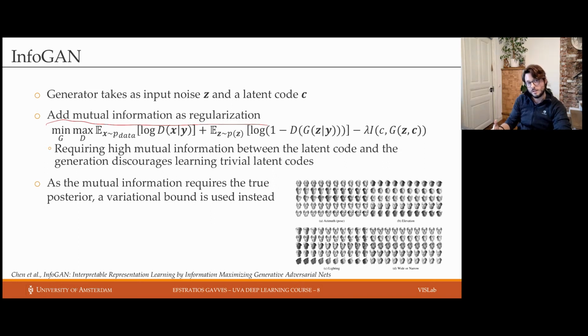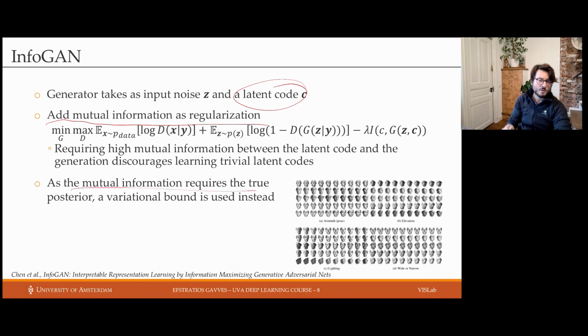Basically the intuition is to require high mutual information between our latent code C, which captures semantics, and the actual generation. By making sure that we have high mutual information between our latent code C and our generation, we make sure that we're not going to learn trivial codes for C. So we're not going to have the latent vector ignored.